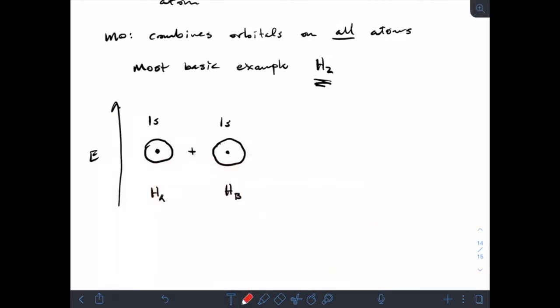And that gives me 2 molecular orbitals, one from each hydrogen. What's going to happen here is that they're going to combine in 2 different ways. If I have 2 molecular orbitals, I'm going to get 2 combinations.